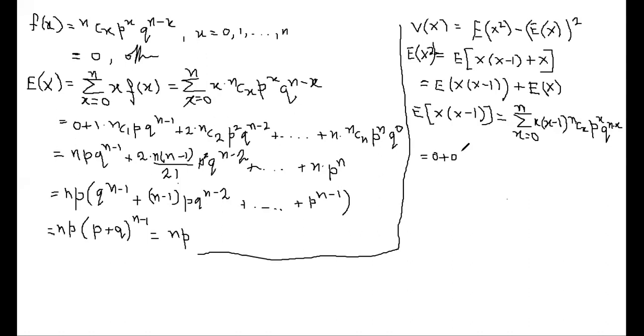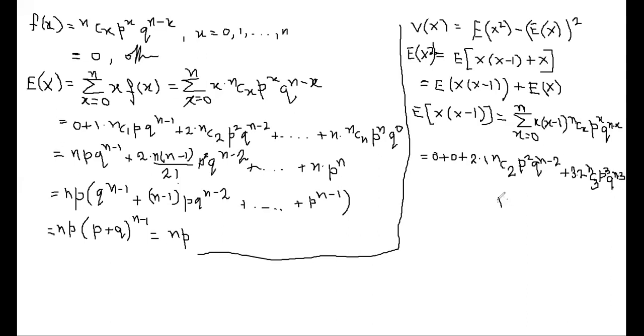Then putting x equals 2, we will have a finite value, that is 2 into 2 minus 1, that is 1, then NC2 p to the power of 2 q to the power of n minus 2, plus the next term, x equals 3, so 3 into 2, that is 6, NC3 p to the power of 3 q to the power of n minus 3.